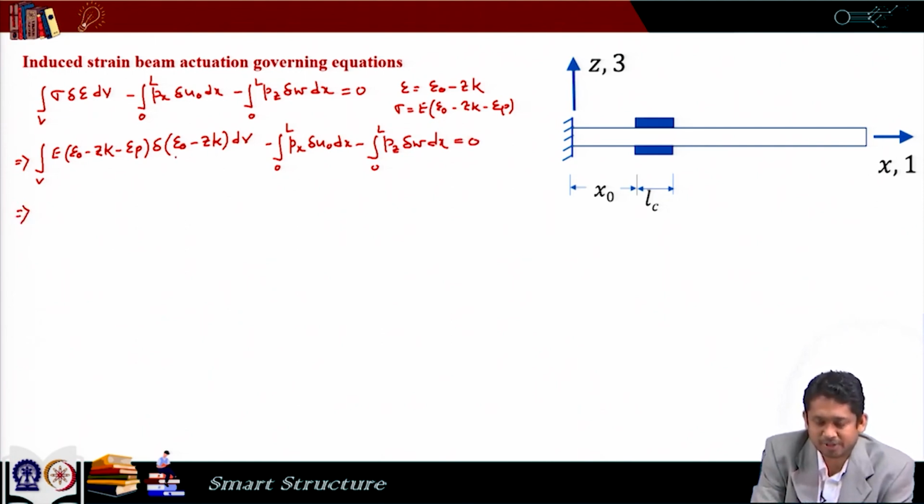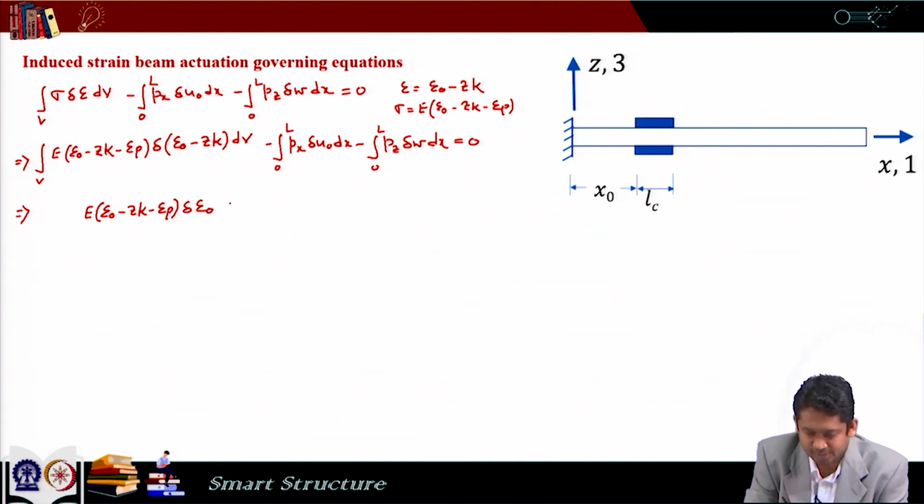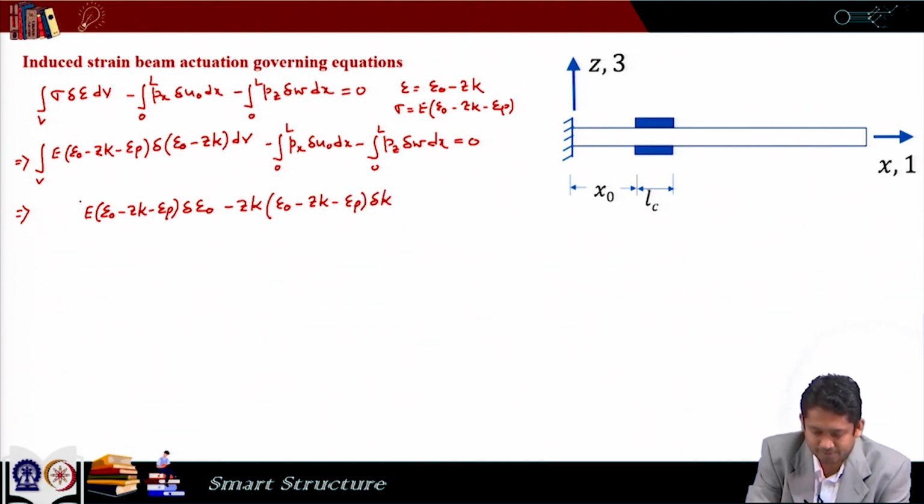Now, what we do here is we separate out whatever is multiplied with delta epsilon 0 and whatever is multiplied with delta kappa. If we do that, we have E multiplied by epsilon 0 minus z kappa minus epsilon p, multiplied by delta epsilon 0, and then we have z into E, we just take this z out, multiplied by epsilon 0 minus z kappa minus epsilon p, and that multiplied by delta kappa.